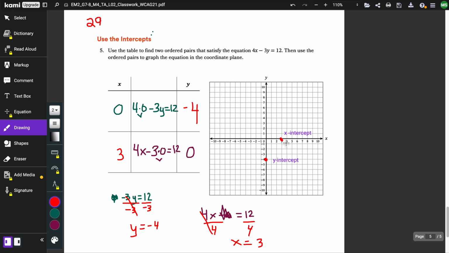This is the point 3, 0. 3 is my x-intercept. And this is the point 0, -4. And -4 is my y-intercept. So I will just type that in here as well.